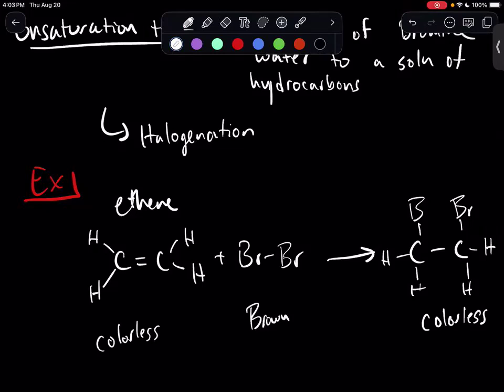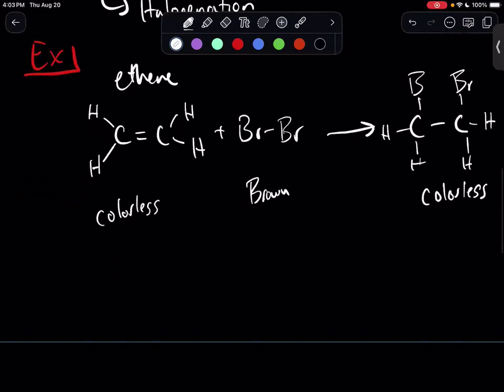Just by adding some bromine and looking at the color change, we can kind of see whether or not it is unsaturated. But generally, when we refer to these, what we're actually looking at is the degree of unsaturation.